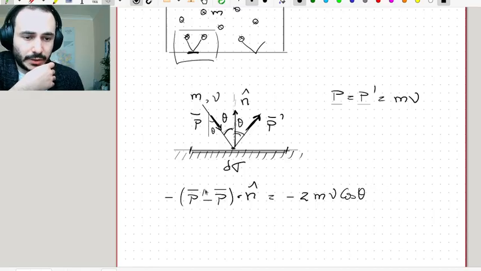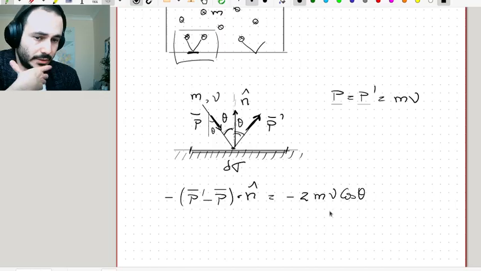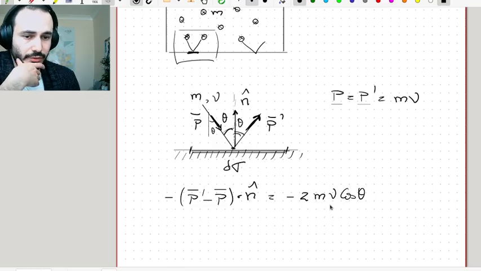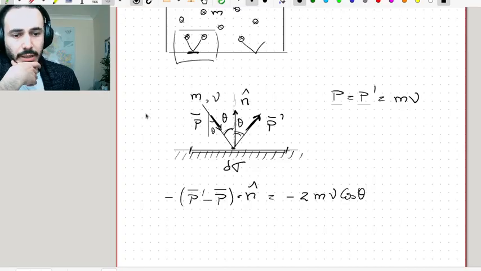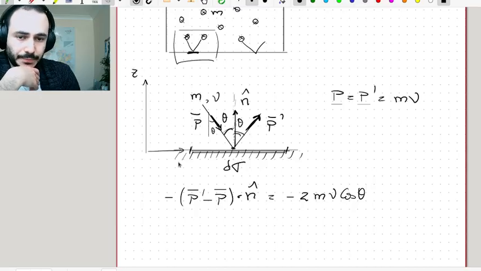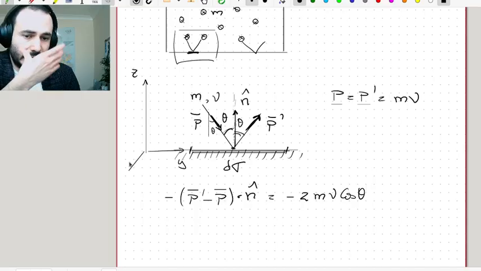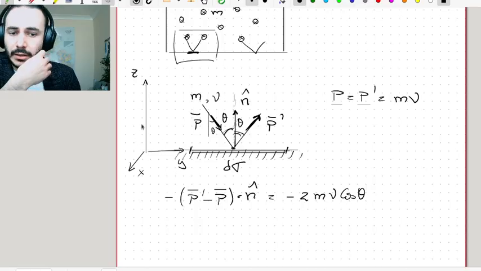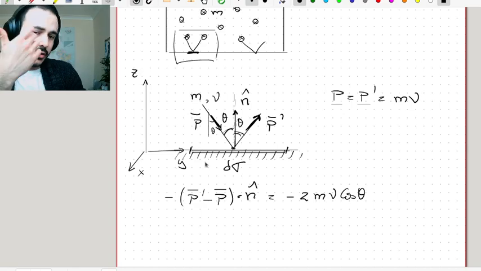That's what you get when you do the difference of these vectors and you project it into the vertical direction. Now we can compress notation a little bit here if we define a reference system like this. This is the z-axis, and okay, this is the y-axis and the x-axis, but we are not going to care too much about these two. I'm just saying that the z direction is positive, going up, away from the wall.